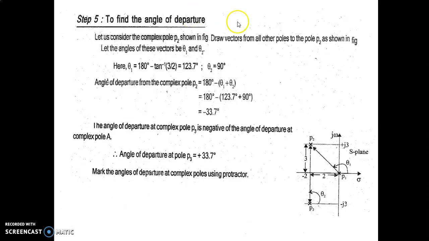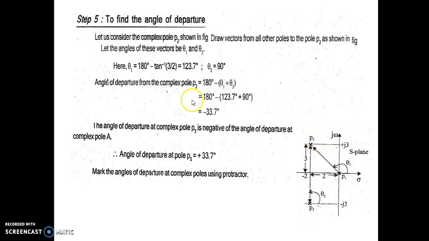Angle of departure. To find the angle of departure, because in the transfer function we have complex poles, one pole at minus 2 plus j3, another pole at minus 2 minus j3. So you can find the angle of departure at P2 or at P3. First we are taking P2 as the reference point.